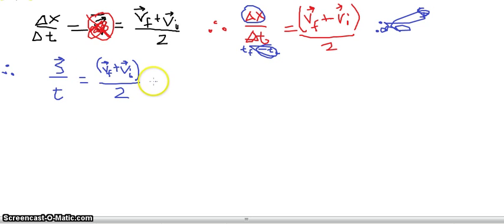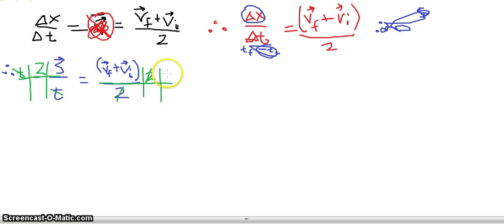All right, so at this point, let's get rid of everything in the denominator, the bottom. So what I'm going to do is let's get rid of the 2 first. So 2, cross that out. What you do to one side, you do to the other. 2, it stays here. Okay, while I'm over here, I might as well get rid of the t.